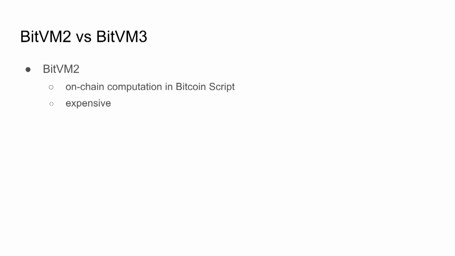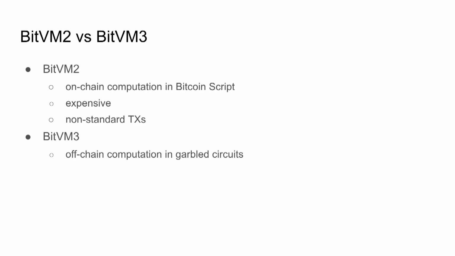In the worst case, you needed to buy an entire block of block space. It required non-standard transactions that you couldn't broadcast in the peer-to-peer network. And in BitVM3, things became way nicer because now we do it all with off-chain computation in garbled circuits. And that is very cheap in comparison, and it fits into standard transactions.